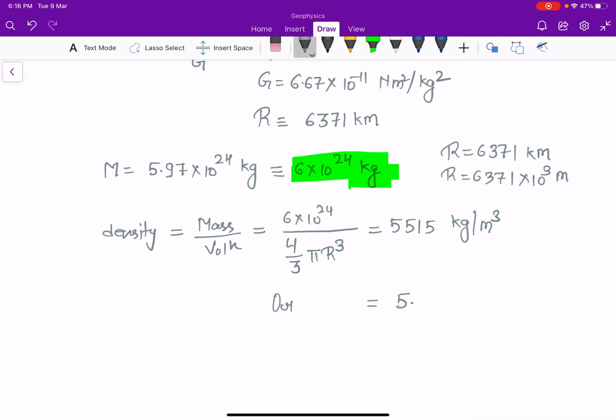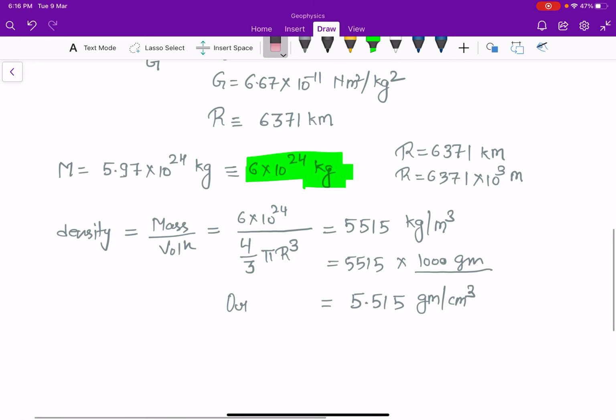So this is the density in kilogram per meter cube, or density in gram per centimeter cube will be 5.515 gram per centimeter cube. How do we get 5.515? 1 kilogram is 1000 gram, and 1 meter is 100 centimeter.